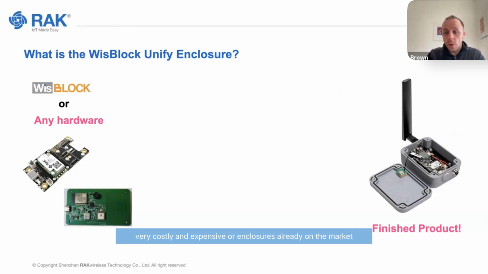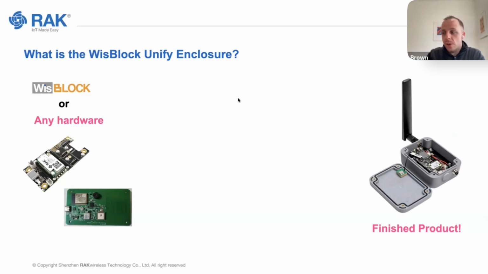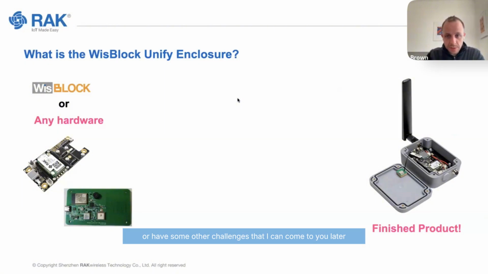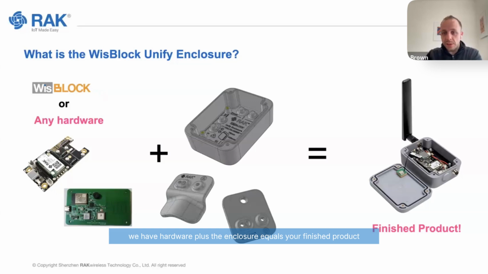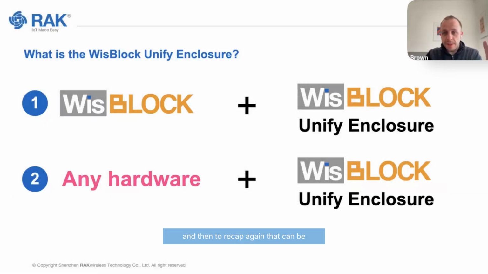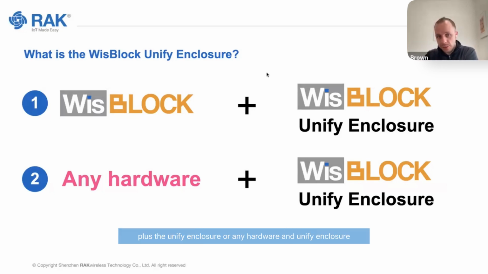Or enclosures already on the market are a bit limited in their features or have other challenges that I can come to later. So we have hardware plus the enclosure equals your finished product. That can be WisBlock plus the unified enclosure, or any hardware and the unified enclosure.